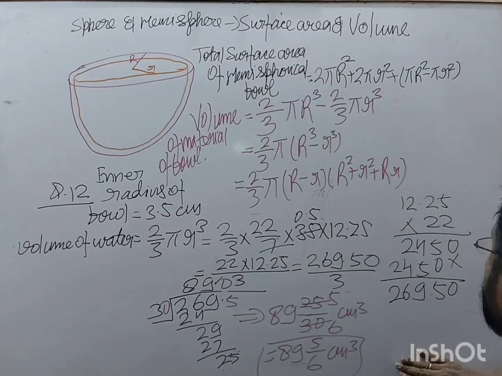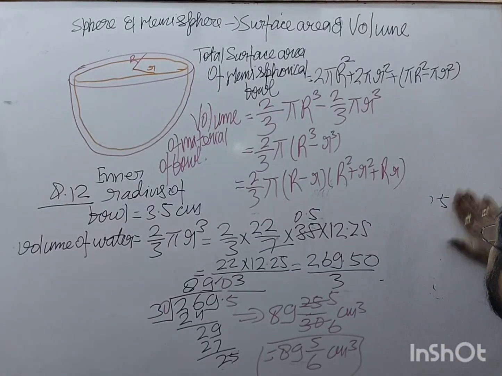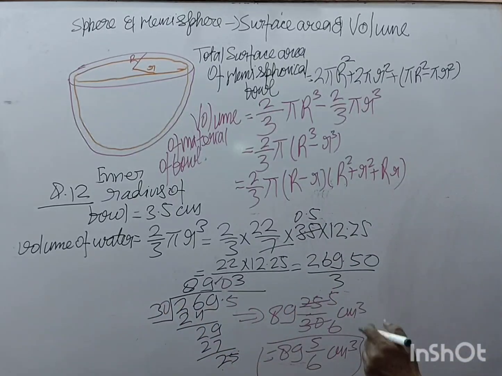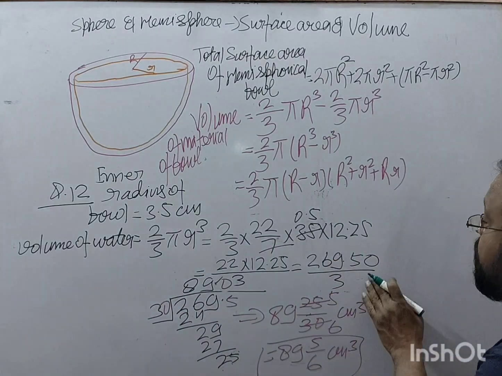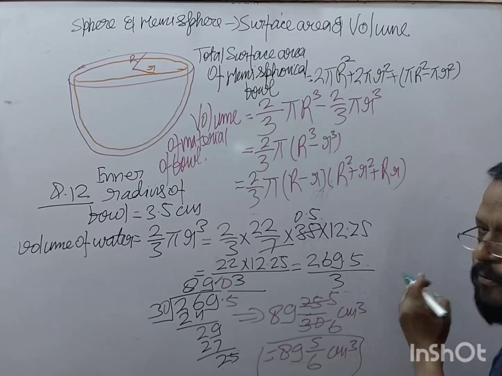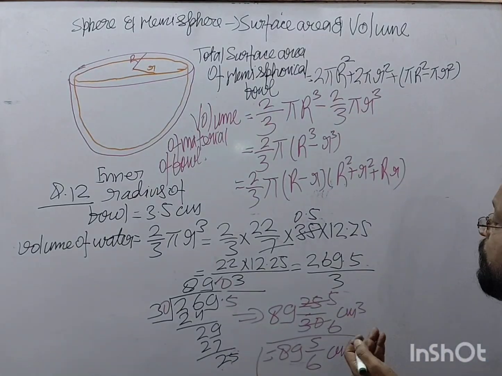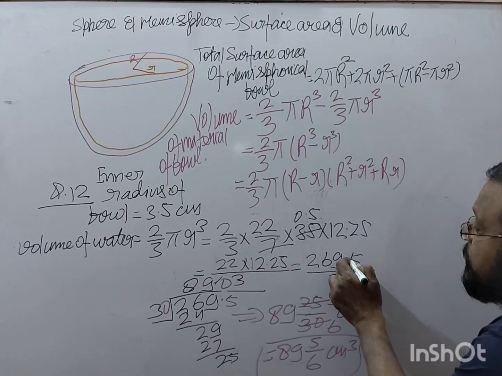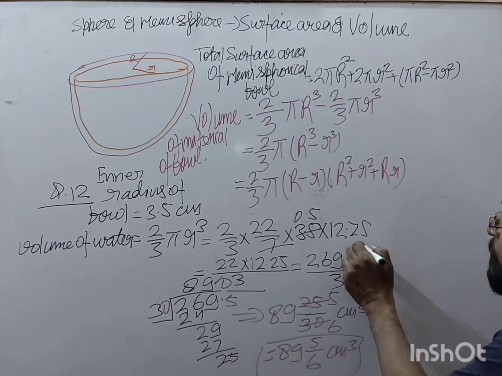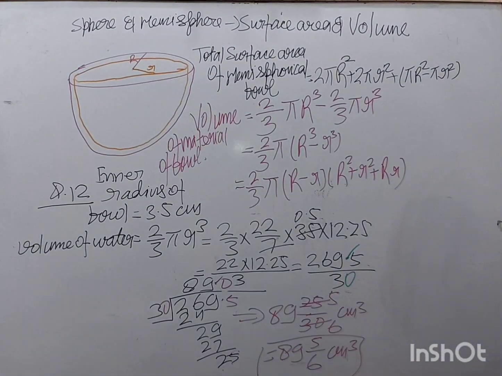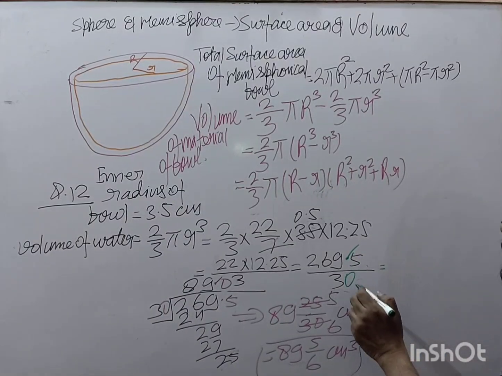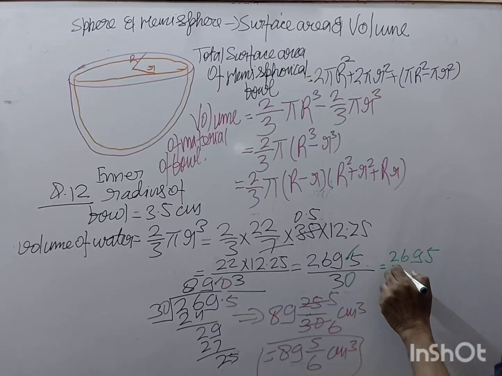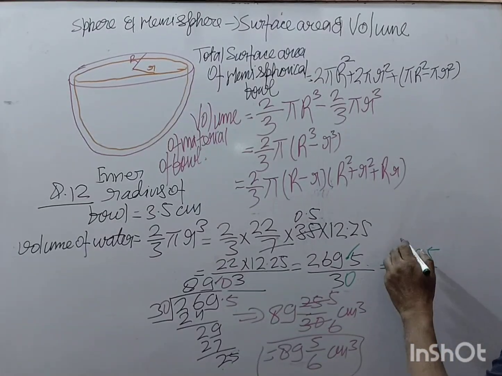Otherwise, you can do just one thing. There is this decimal you remove, this 0 we can remove because after decimal there is no importance of 0. We remove this decimal, we take 0 here. When we take 0 here, then it becomes 2695 upon 30.